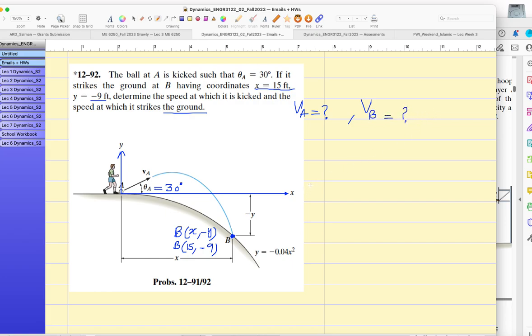So okay, remember, as I mentioned many times, during the flight you have two components of velocity, and we have to find out VA.